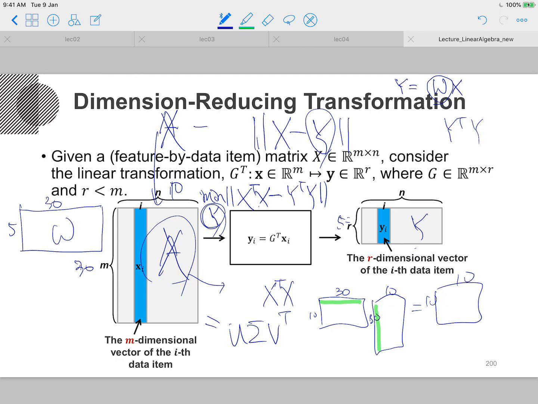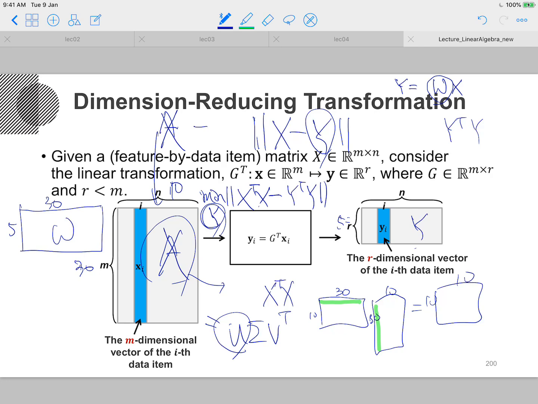Okay? And then we pick up this U, and then you will have orthonormal vectors in 30-dimensional space, right?